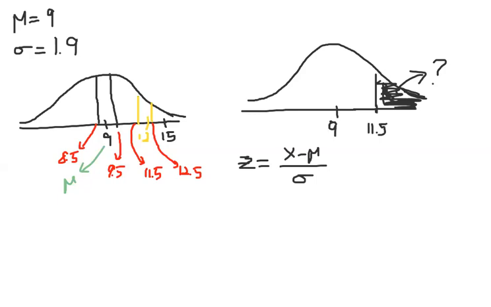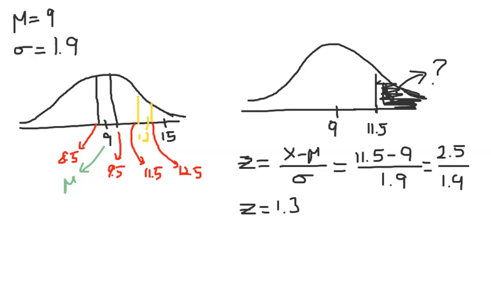My x, the data value, is 11.5, mu is 9, divided by sigma, which is 1.9. When you put these numbers on your calculator, you get 2.5 divided by 1.9, so z is equal to 1.32.